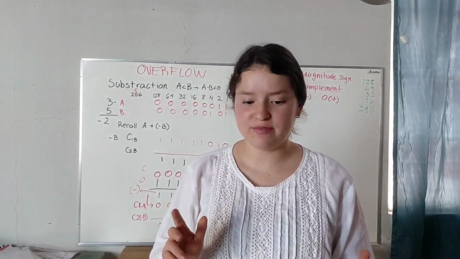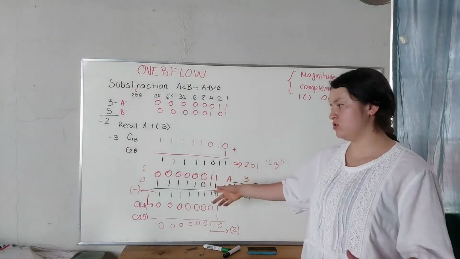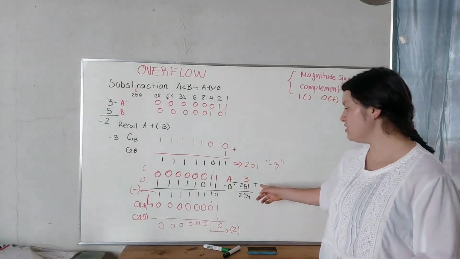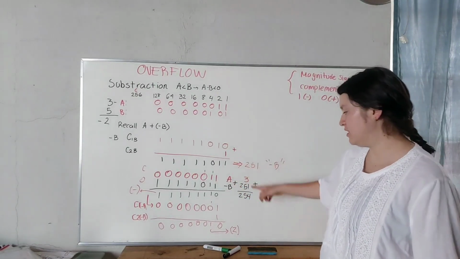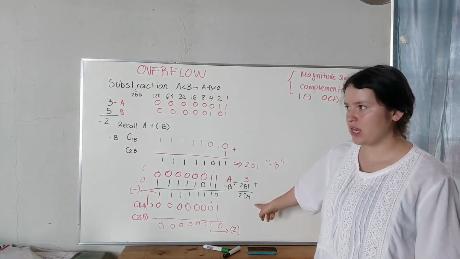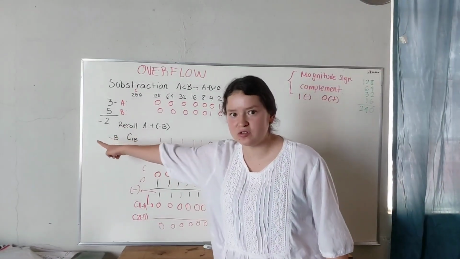Just let me point out something, I forgot. Here, if we translate to decimal, we have that this subtraction is 254, which is not what we are hoping for. We are hoping for a minus 2.